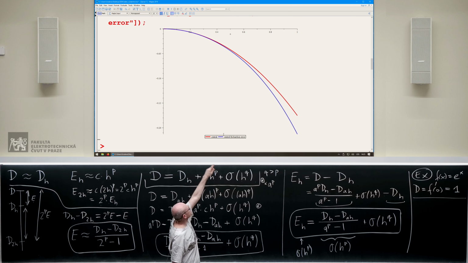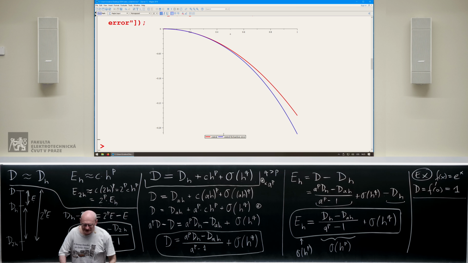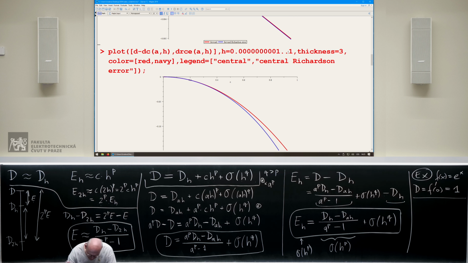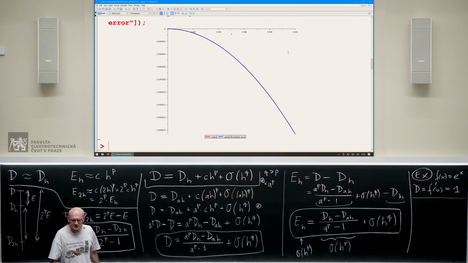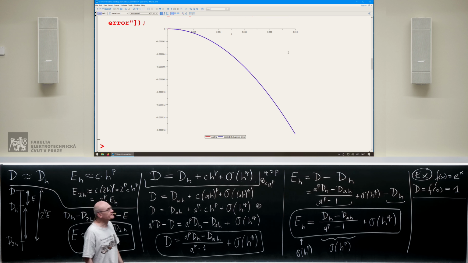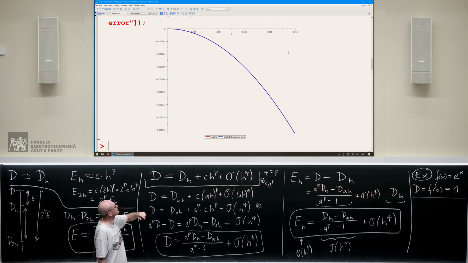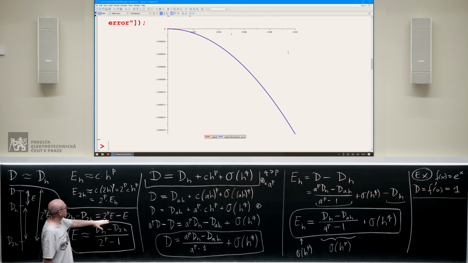Here it is a parabolic shape, and again the blue curve is a little bit apart when h is large, but then the two curves get close together. And again, let me move in. I will focus, let's say, okay, let's not waste time, 0.01. And we can see a perfect match of two curves. It's a parabolic curve that fits a quadratic error for central difference. And this error estimate is really good.